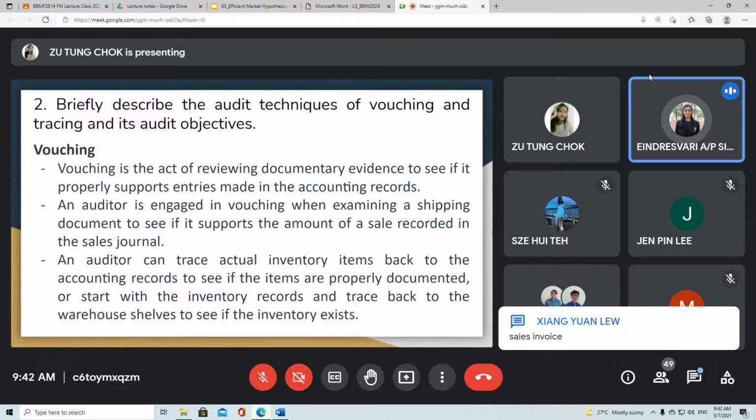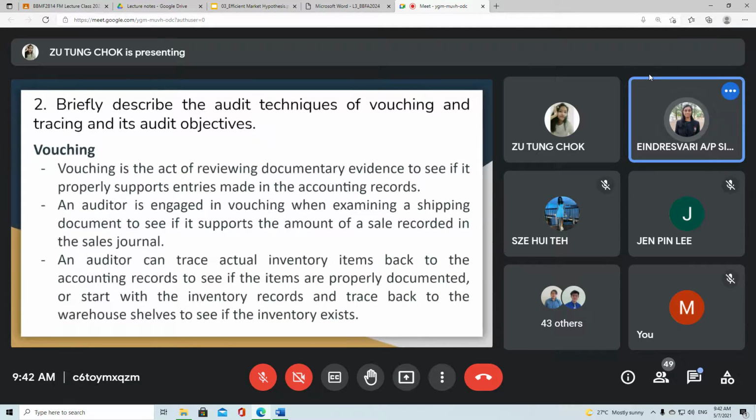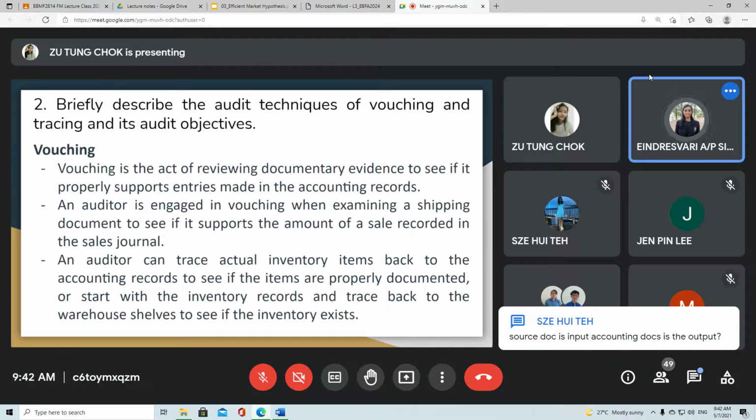So how do you differentiate accounting records and accounting documents? Anybody?